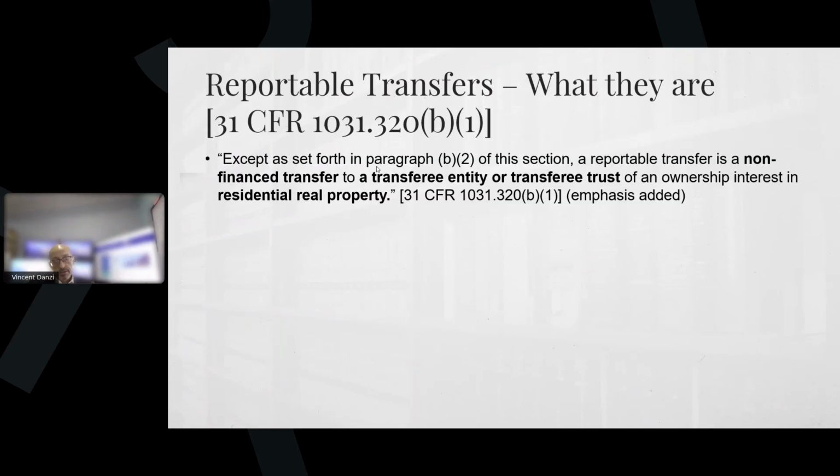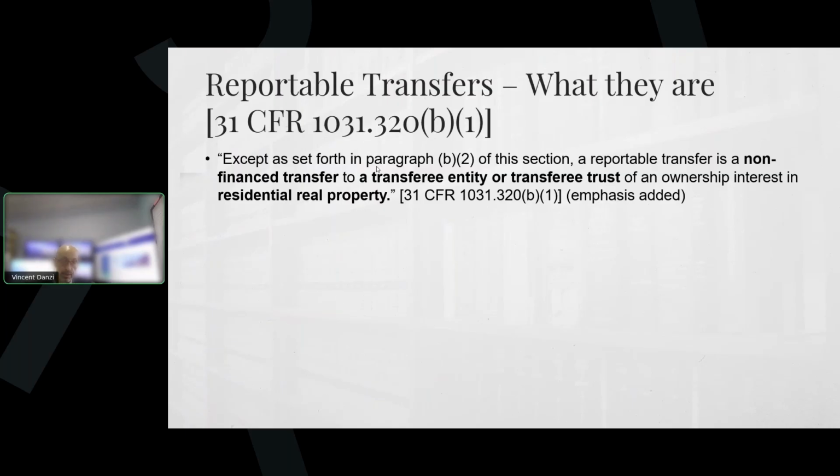The Corporate Transparency Act's beneficial ownership information reporting had to do with the existence of a legal entity as of a certain date, whereas this residential real estate rule has to do with deed transfers that take effect after a certain date. Domestic companies are going to all the time be reported under the residential real estate rule.